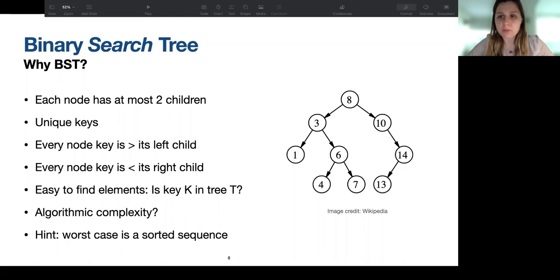In this case, it will be the left subtree, which starts with 3. Then we repeat this procedure recursively. We compare 7 to 3, and we realize that 7 is greater than 3. So we need to take the right subtree of 3, which is, in this case, a small subtree starting with 6, and so on and so forth.